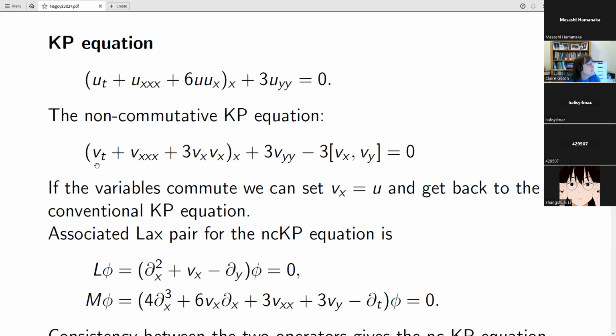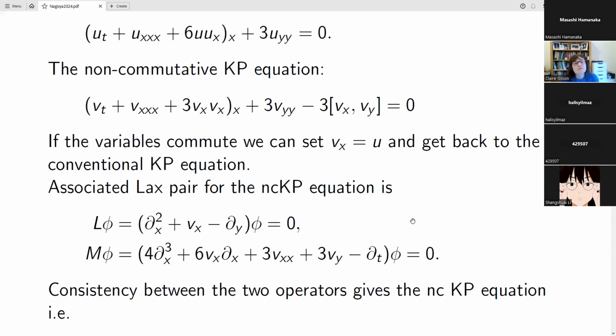So the V relates to the U in the KP equation by just Vx equals U. The only difference between the KP and the non-commutative version is this extra term sitting on the end, the commutator of Vx and Vy. And if we allow things to commute, obviously the Vx and Vy commutator vanishes, and we get back to exactly the KP equation.